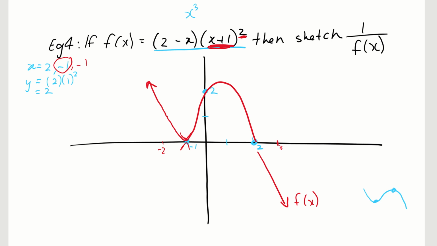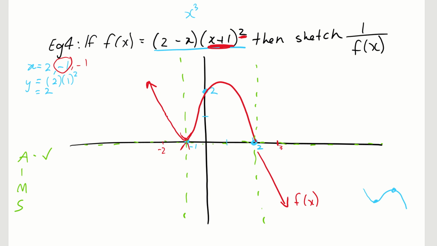Now let's do our AIMS to draw our reciprocal. A for asymptotes. I have an asymptote at 2 and -1. I have a horizontal asymptote at y equals 0. Asymptotes done. Intercepts. Let's check for our y-intercepts.